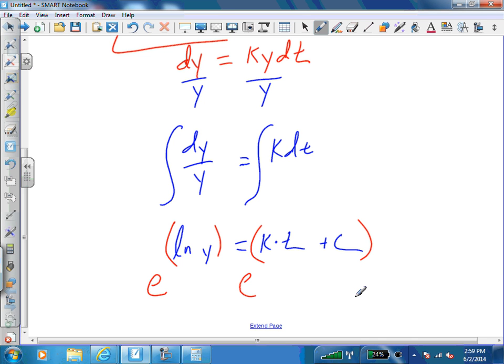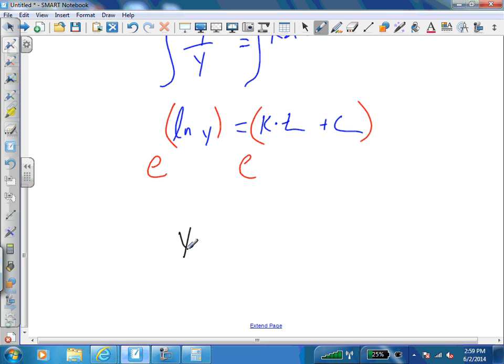Remember from pre-cal, e and natural log are inverse operations, inverse functions. When we have inverses, those cancel each other. That leaves us y on the left, this on the right. We can leave it like this, or let's do this. Let's call this e to the kt times e to the c. Now, why multiply?